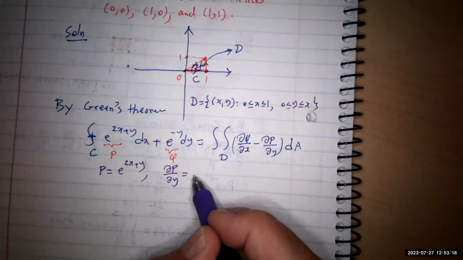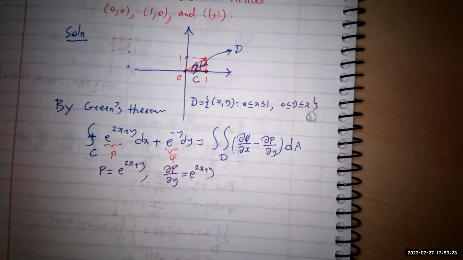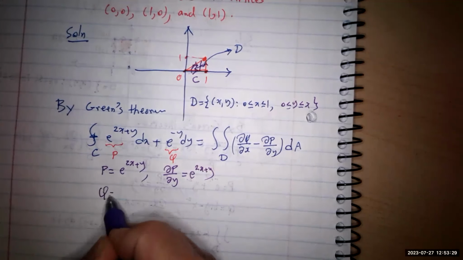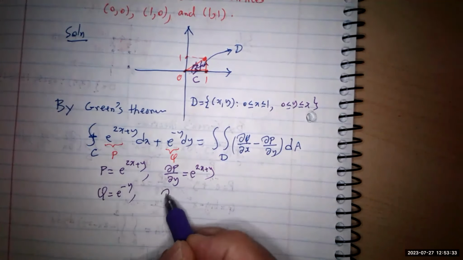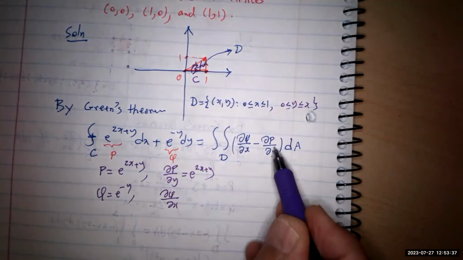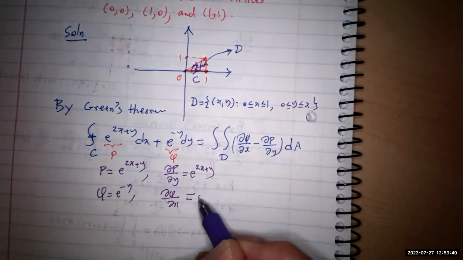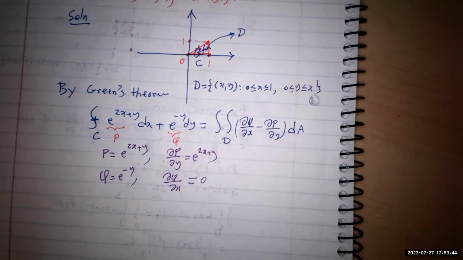So this is simply e to the 2x plus y. And your Q is e to the negative y, so the partial of Q with respect to x is simply 0.